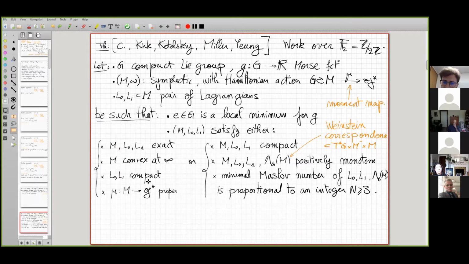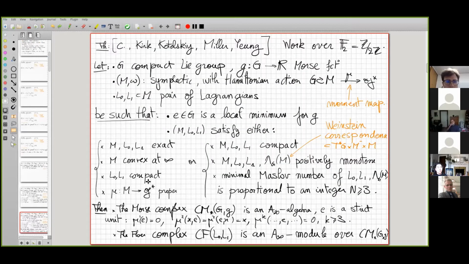Okay, and then we want a condition on the minimal Maslov numbers of these things. They should all be proportional to a common integer that's bigger than 3. So under these assumptions, we have the Morse complex of the group, and it carries the structure of an A-infinity algebra for which the identity element, which is a critical point now, is a strict unit, in the sense that its differential is 0, it's a unit for the product, and when you plug it into the higher A-infinity maps, it goes to 0.